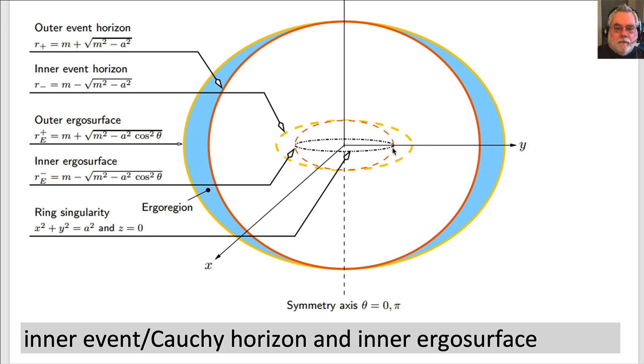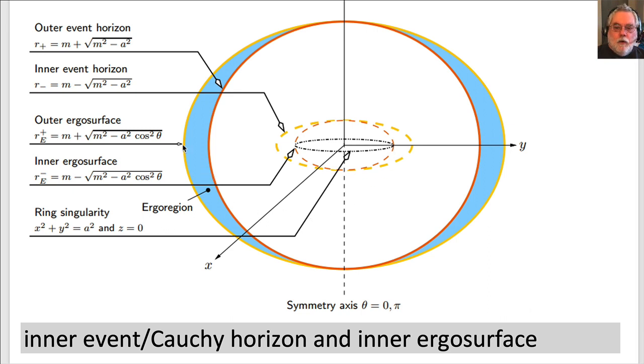Within the inner event horizon, touching it only on the rotation axis, the dashed red line ellipsoid is the inner ergo surface, which touches the entire singularity ring.